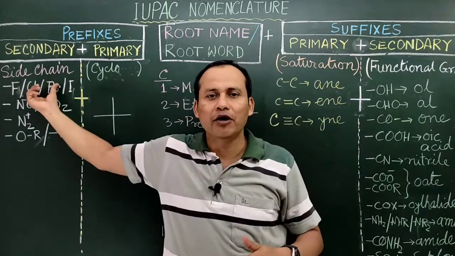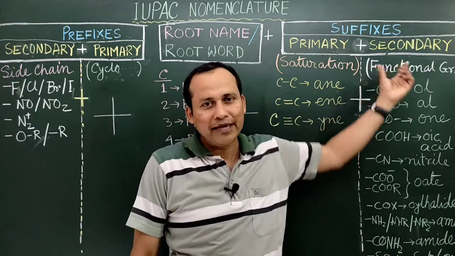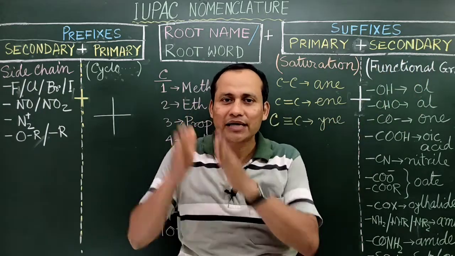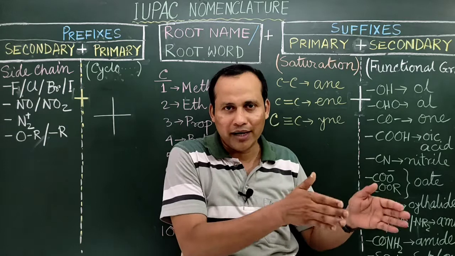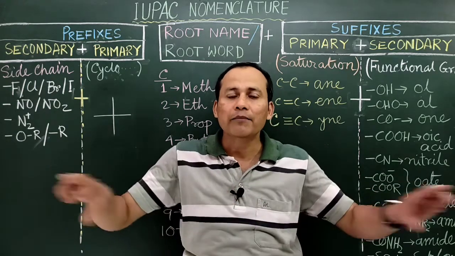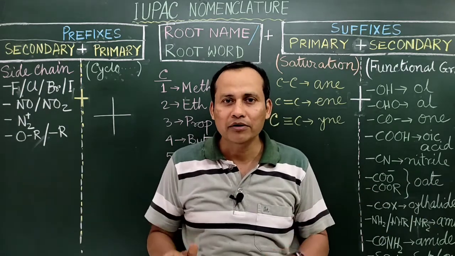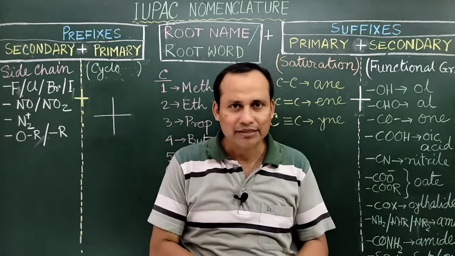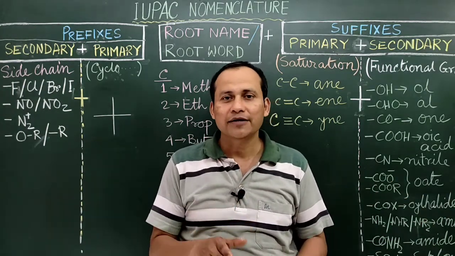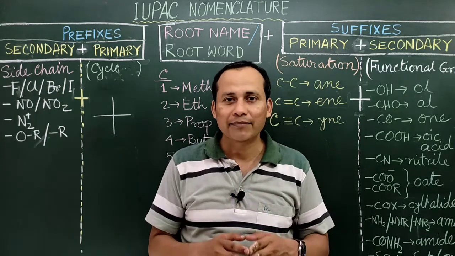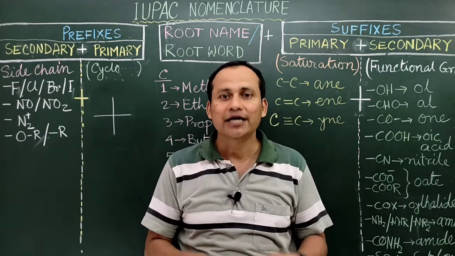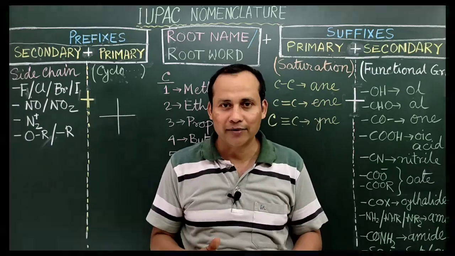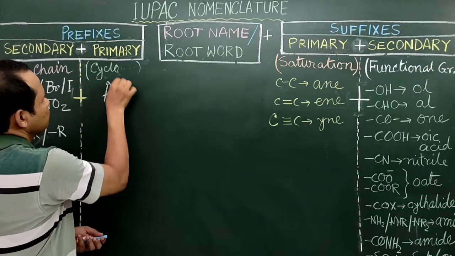Again, prefixes and suffixes may each be of two types, and if we write them down one after another, we shall have the complete name of the compound. So I hope you have understood the basic things, and in this class we shall discuss the complete naming system of alkanes, that is, saturated hydrocarbons. Alkane.